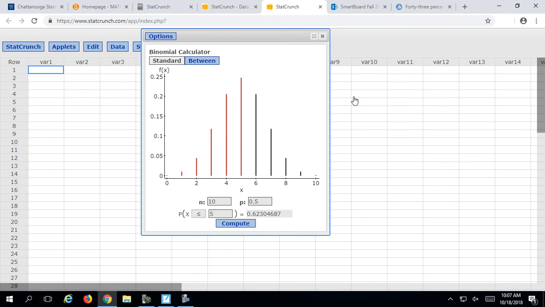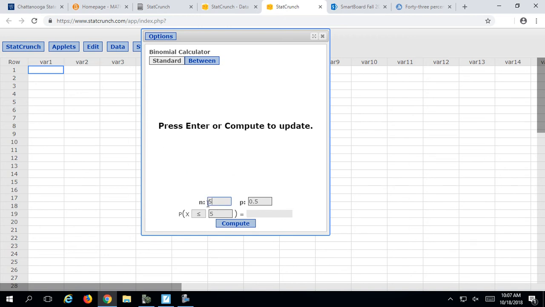So let's do that first problem we did with the questions. So there were 5 questions. So I'm going to make n equal to 5. The probability of success was the probability of getting a question correct. That was 1/4. You can't type 1/4 in, so you have to type in the decimal.